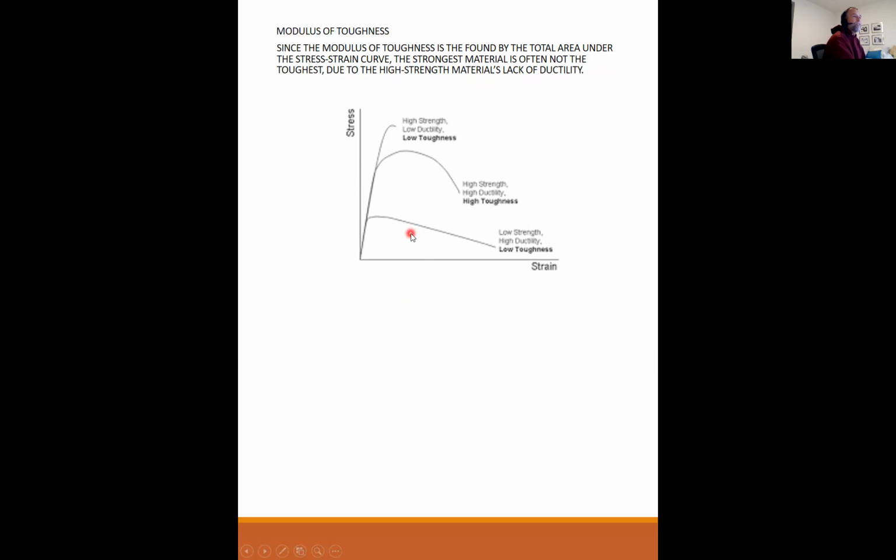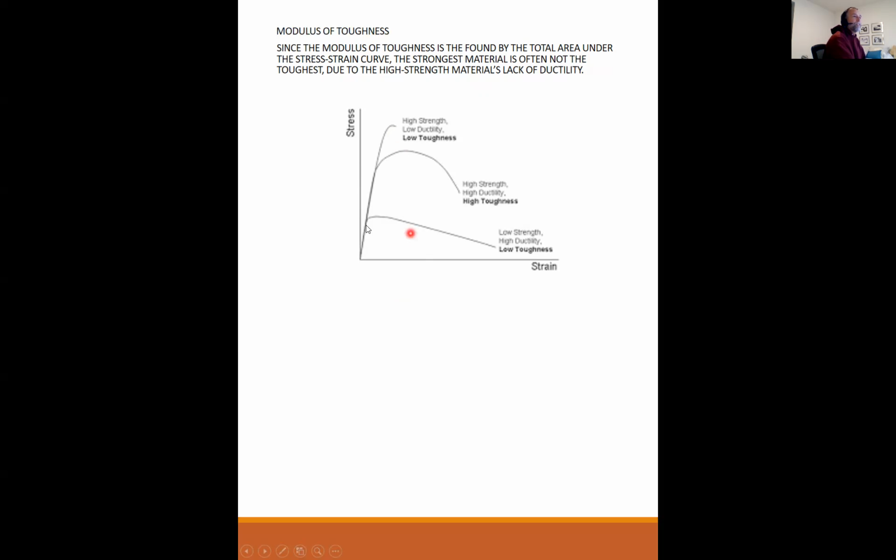You could have a material that's fairly low strength, but has great ductility. It goes way out to this strain here, but still the area under this curve is somewhat inferior to this material in the middle that is, I don't want to say medium strength, it's still a high strength, but it has good ductility as well.